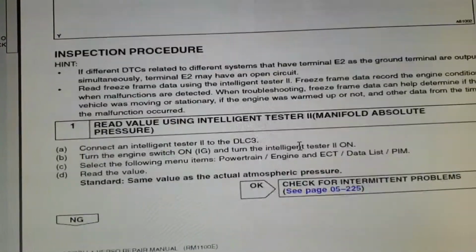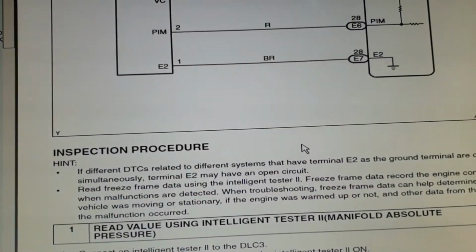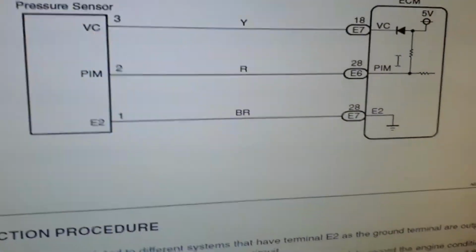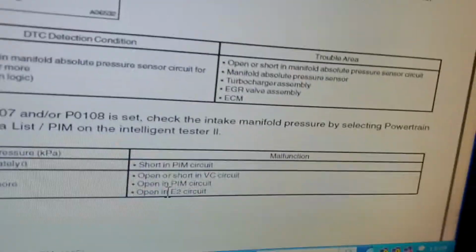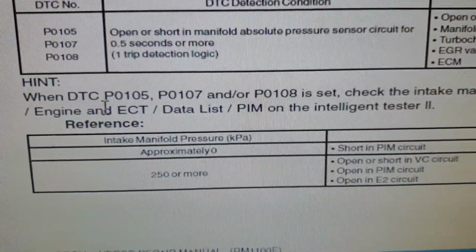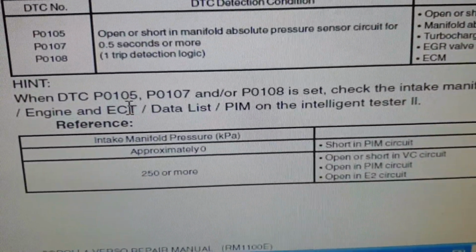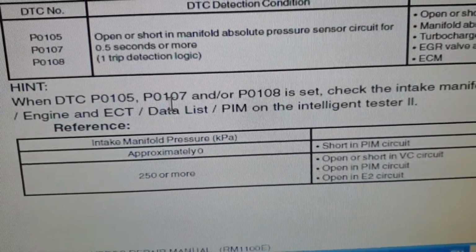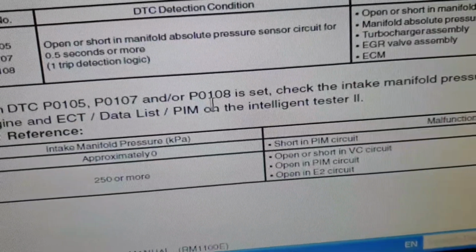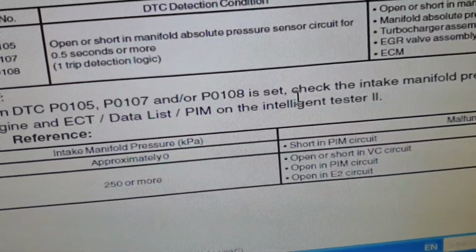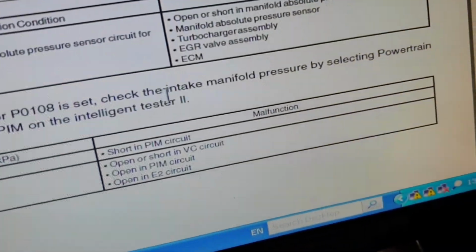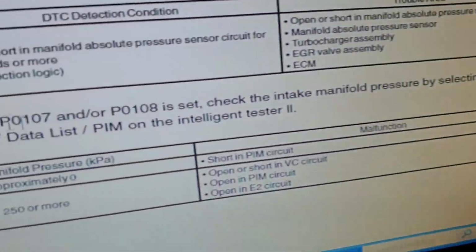Just let me explain to you. One second. So Toyota has given this reference. When DTC P0105 and P0107 and or P0108 is set, check the intake manifold pressure by selecting powertrain.